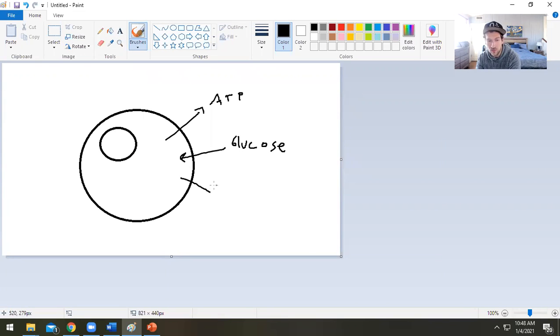Meanwhile, also oxygen. So glucose and oxygen are going to go in, and ATP and CO2 are going to come out. So, this is your product here, and this is your byproduct here.